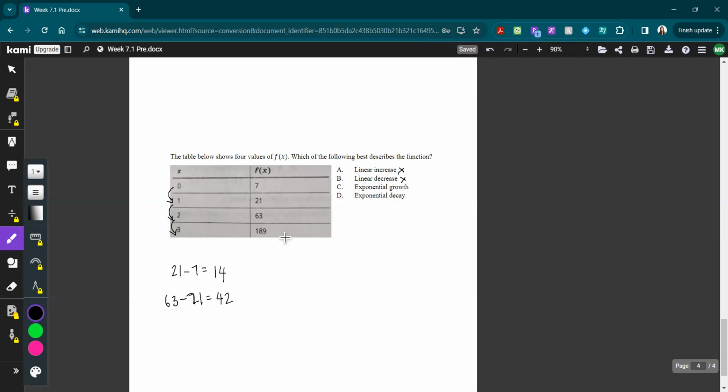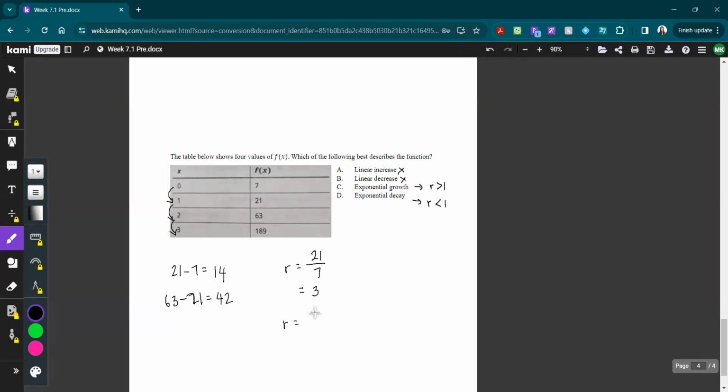Here's how we can tell if it's growth or decay. Growth is when the ratio is greater than 1, and decay is when the ratio is less than 1. So how do we find the ratio? Again, the number after divided by the number immediately before. This is 3.